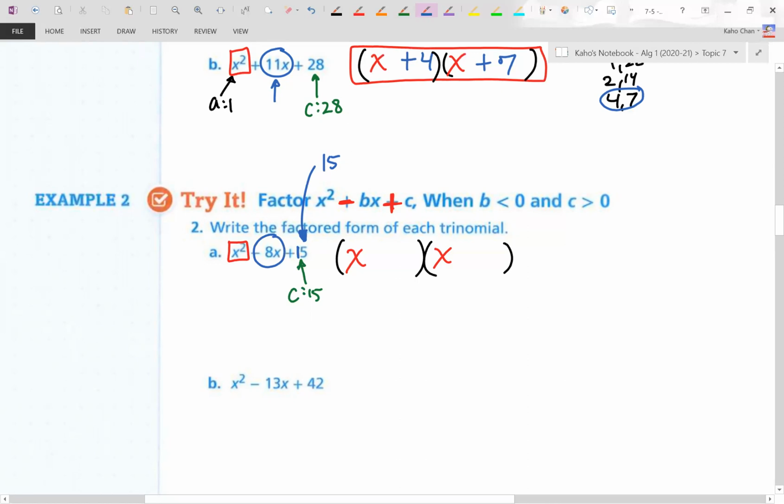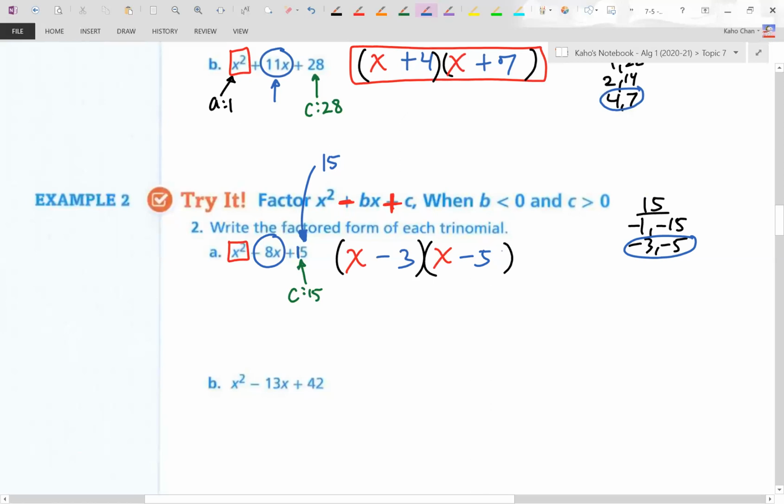Your factors have to be both negative, okay? Both of them have to be negative for 15. Negative 1, negative 15, negative 3, negative 5. Oh, there it is. Negative 3 plus negative 5 is negative 8. There it is. So when you have a minus plus situation, both your factors have to be negative, and that's it.